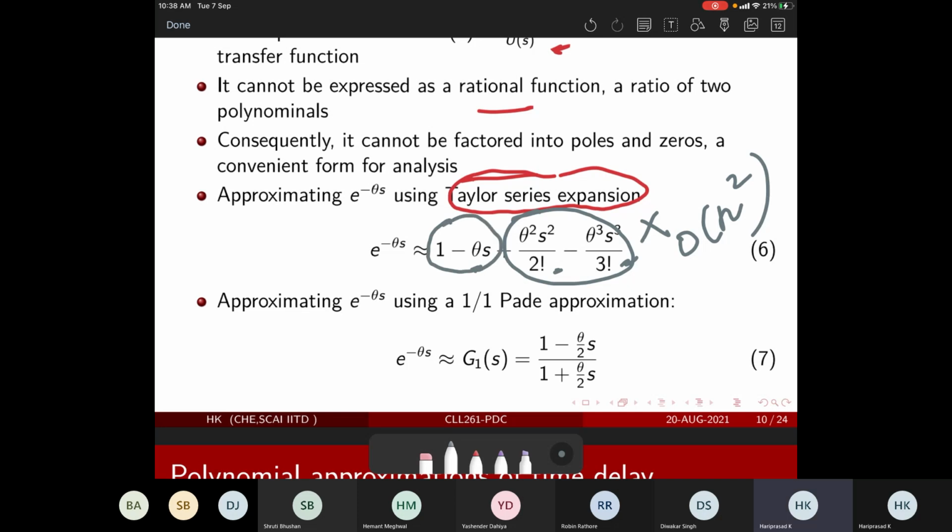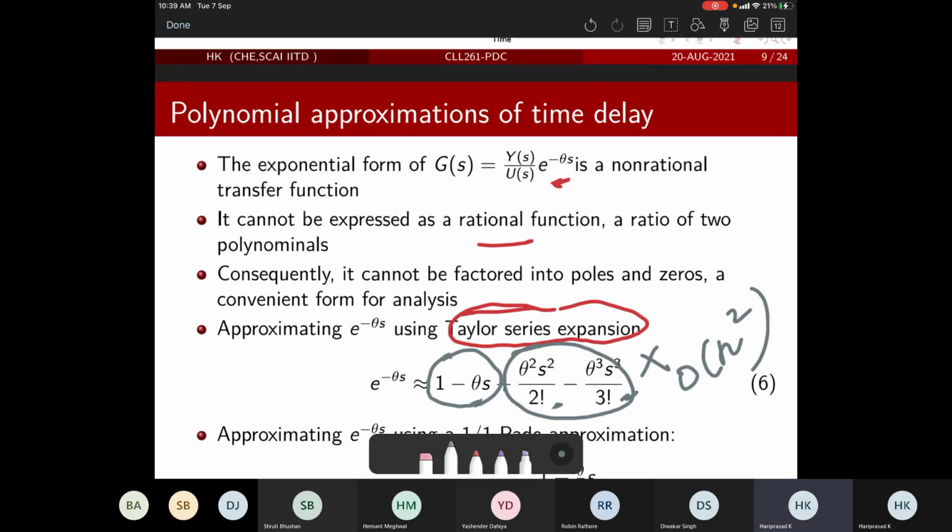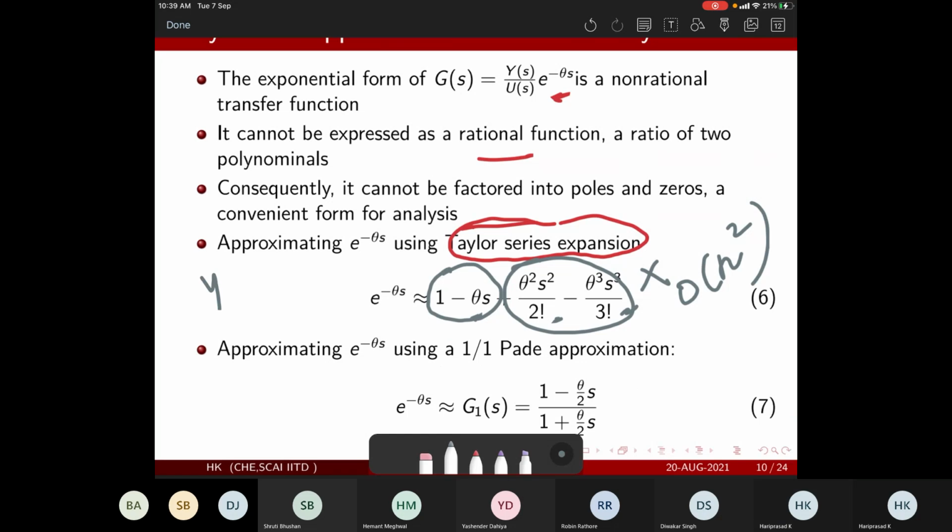Let's say you limit to your first order term here. So your approximation would be u of s times 1 minus theta s.